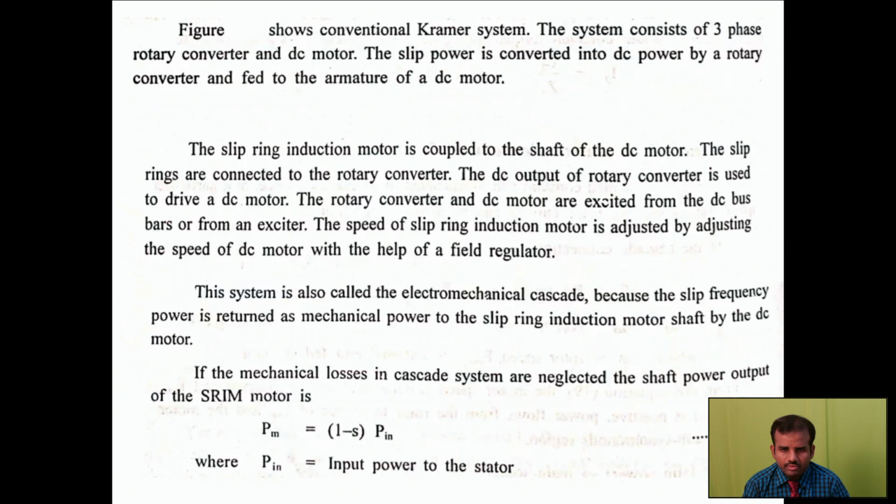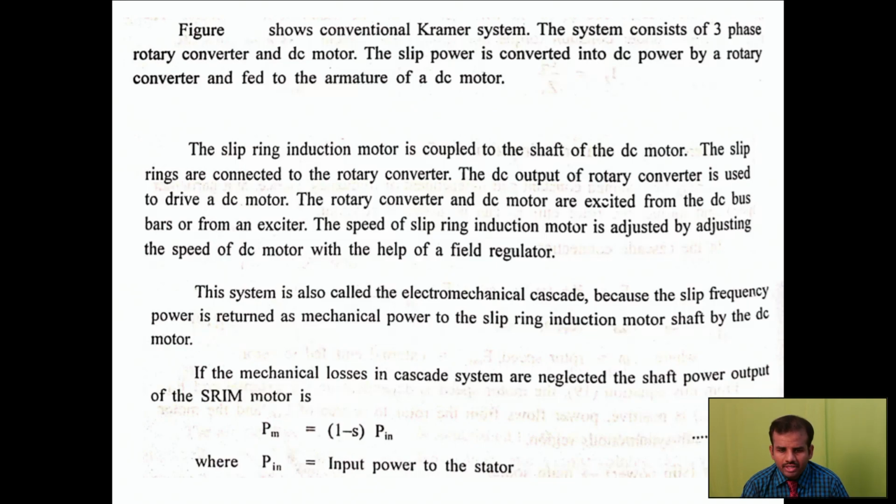Okay, so this system is also called the electromechanical cascade, because the slip frequency power is returned as mechanical power to the slip ring induction motor shaft by the DC motor. If the mechanical losses in the cascade system are neglected, the shaft power output of the slip ring induction motor is Pm equal to (1 minus S) into Pin.